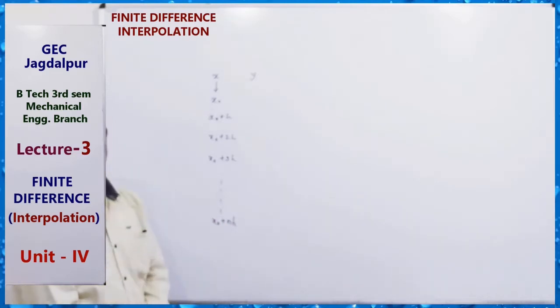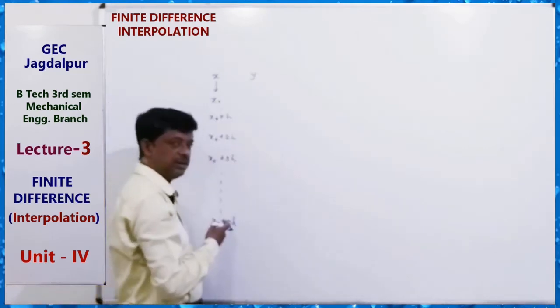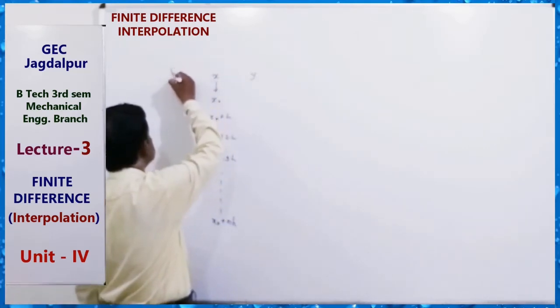These are the values of x at equal intervals of differencing h. Clear?